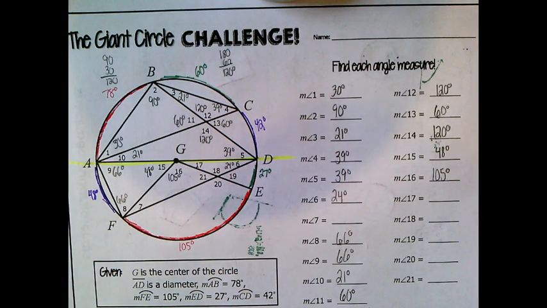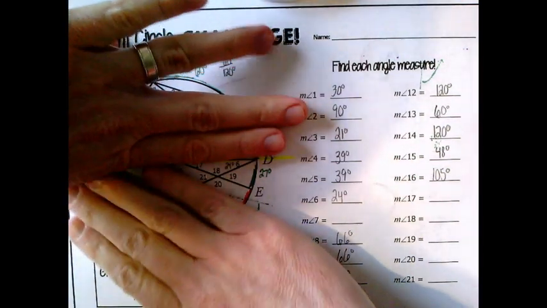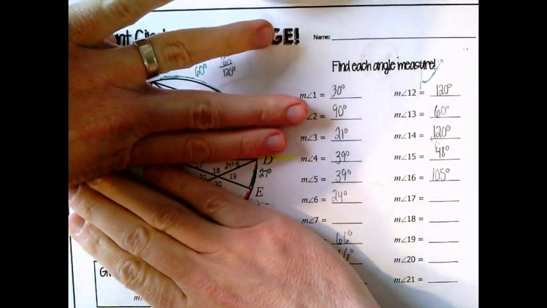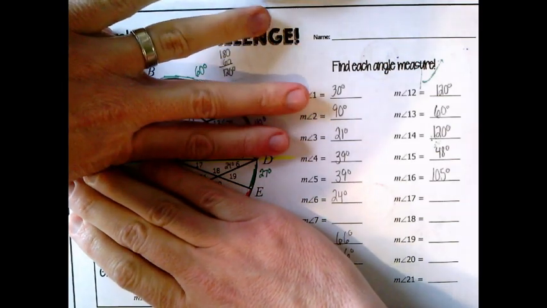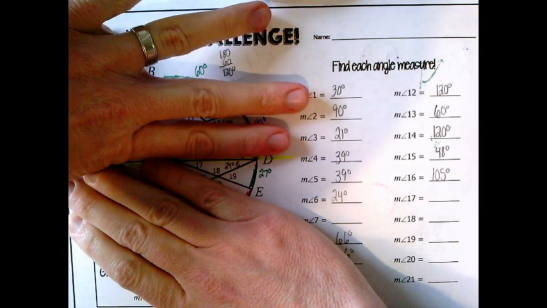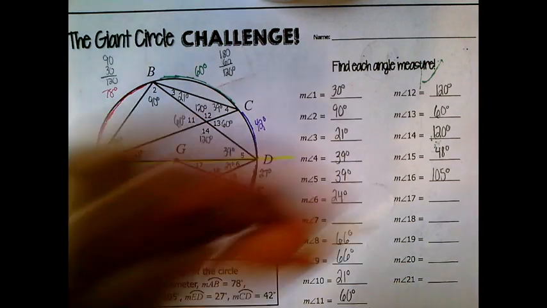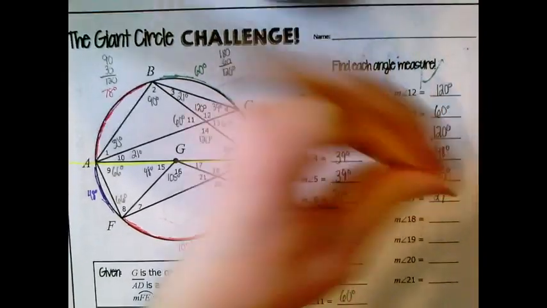All right, let's see if we can find 17. 17 is a central angle. If you look right there, it is touching the arc of 27. So central angles and arcs are the same. So 17 is 27 degrees.